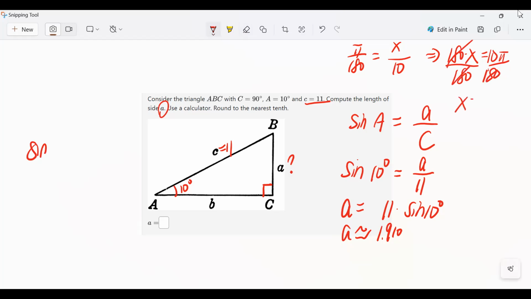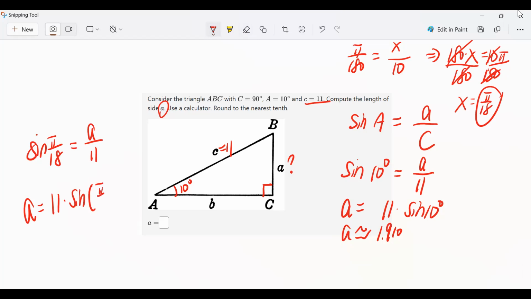Cancel that, x equals, reduced, you get pi over 18. So the radian measurement will be sine pi over 18 equal to A over 11. So A equals 11 times sine pi over 18.